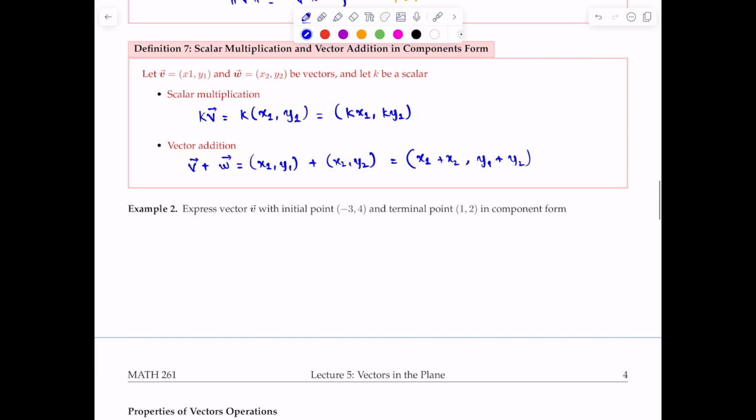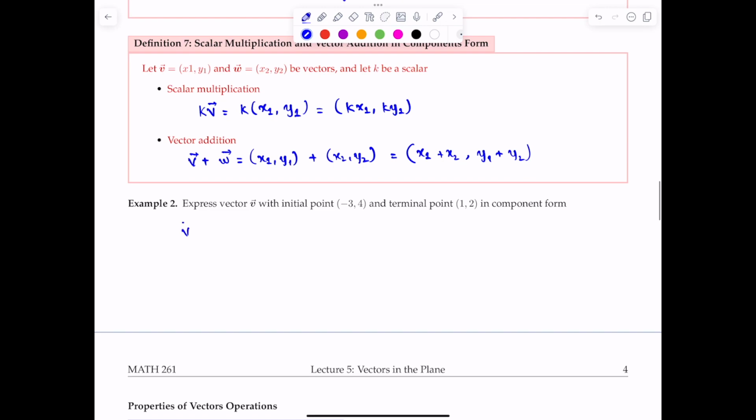So in example 2, I want to quickly do a calculation of a vector v with the initial point of -3, 4 and the terminal point of 1, 2. Right, and I want to write the result in component form. So to get vector v, you take the x value of the terminal point, subtract the x value of the initial point, so that is 1 minus -3.